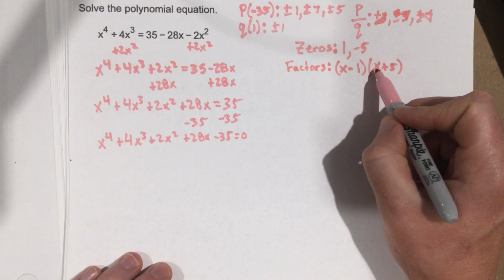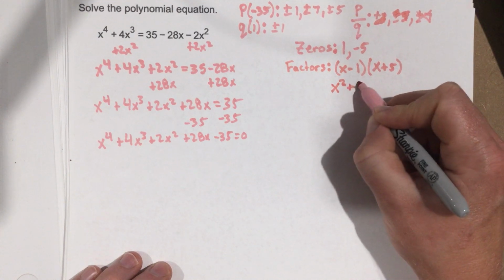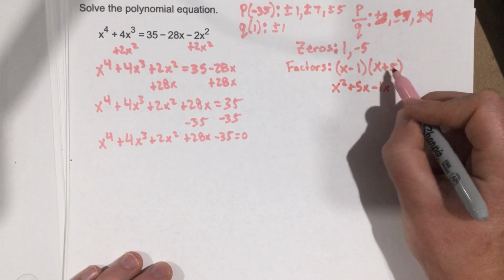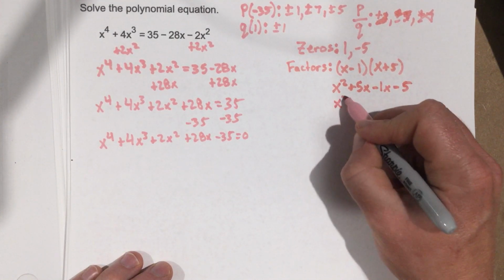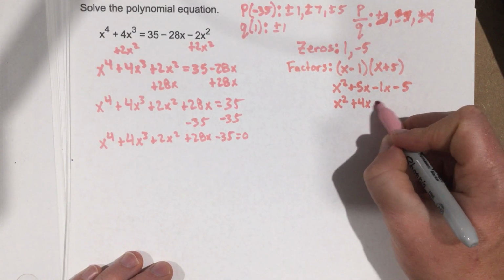So, x times x, x squared. X times 5, 5x. -1 times x, -1x. -1 times 5, -5. So we get x squared plus 4x minus 5.